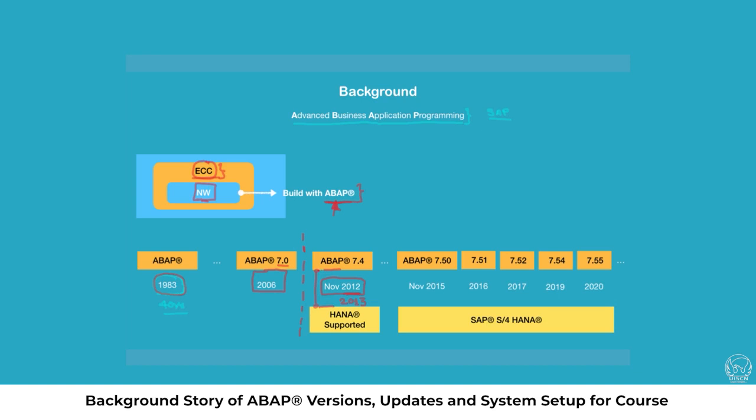SAP HANA is an in-memory database which was introduced by SAP to increase the performance of the ERP application. So in ABAP 7.4 you will find many new functionalities which were primarily designed so that ABAP can leverage SAP HANA capability.